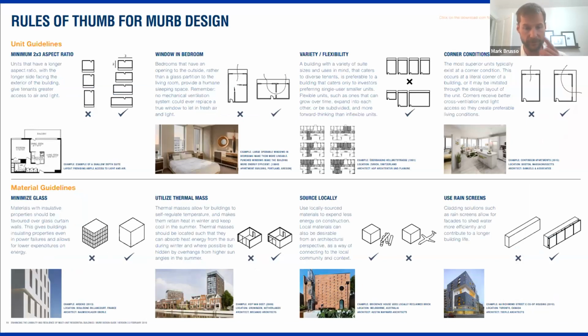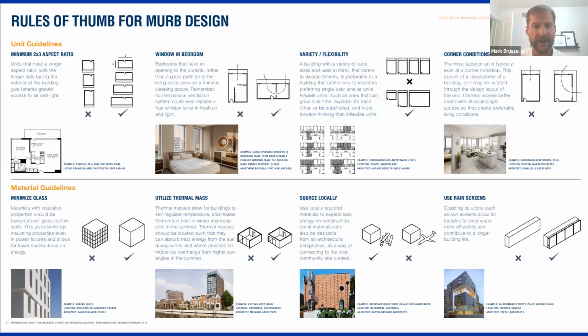It doesn't apply only to structures in Canada; it can be applied to any building. It's a very well graphically illustrated report on techniques that can be used to increase the performance of any type of building. A couple of those key concepts are using thermal mass in walls and also using rain screens, which I'm going to touch on later in this presentation.